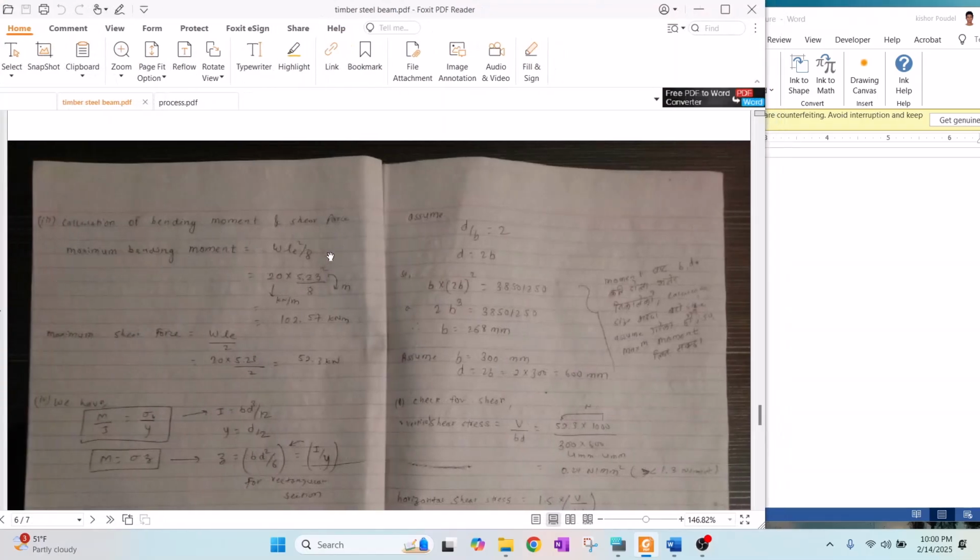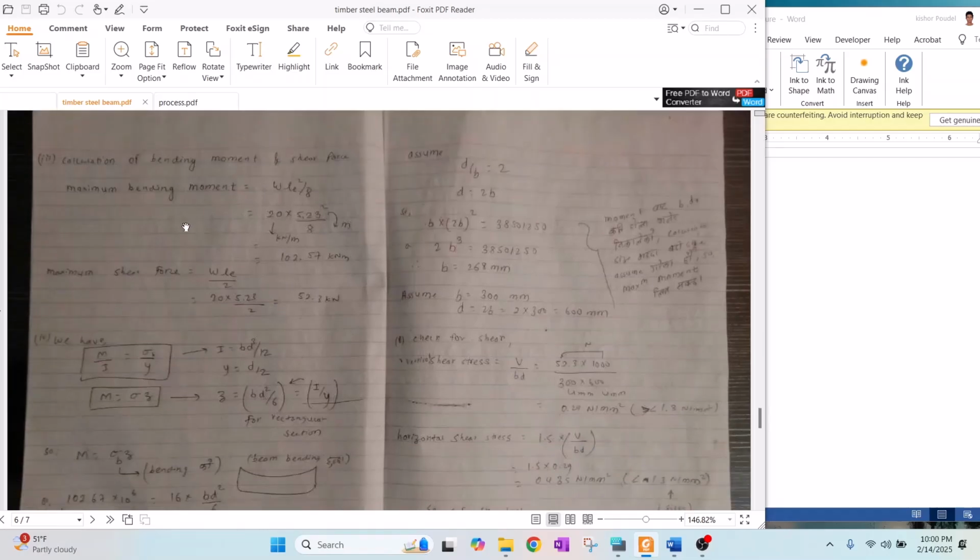We have already calculated the value of all these things, and some are also provided in the equation. So we can directly calculate the maximum bending moment in the system, and we get the value 102.57 kilonewton meter.